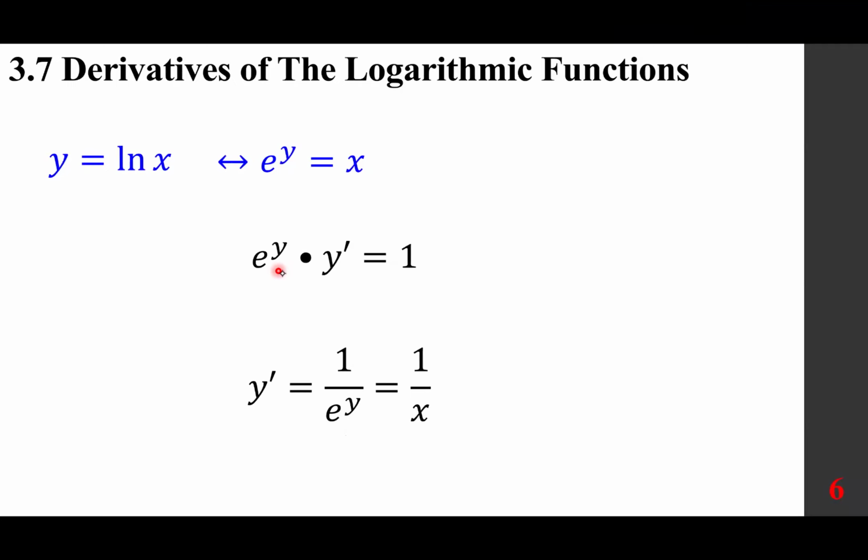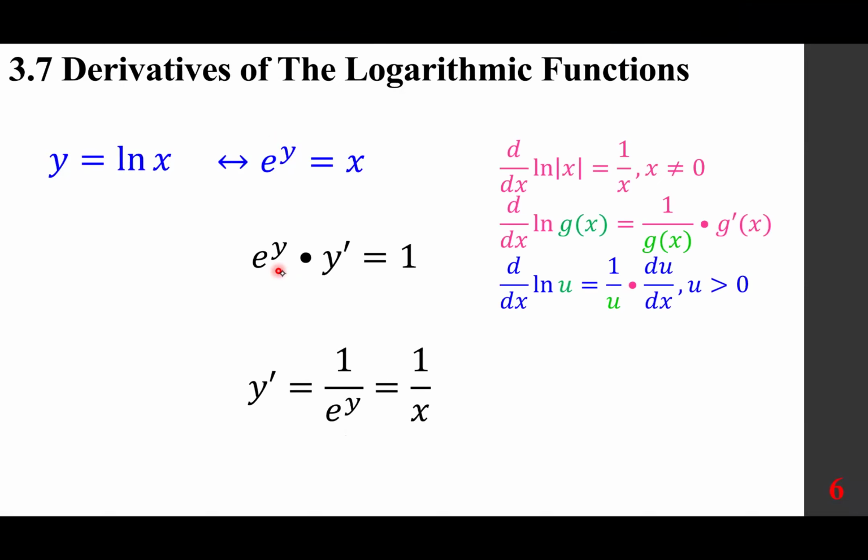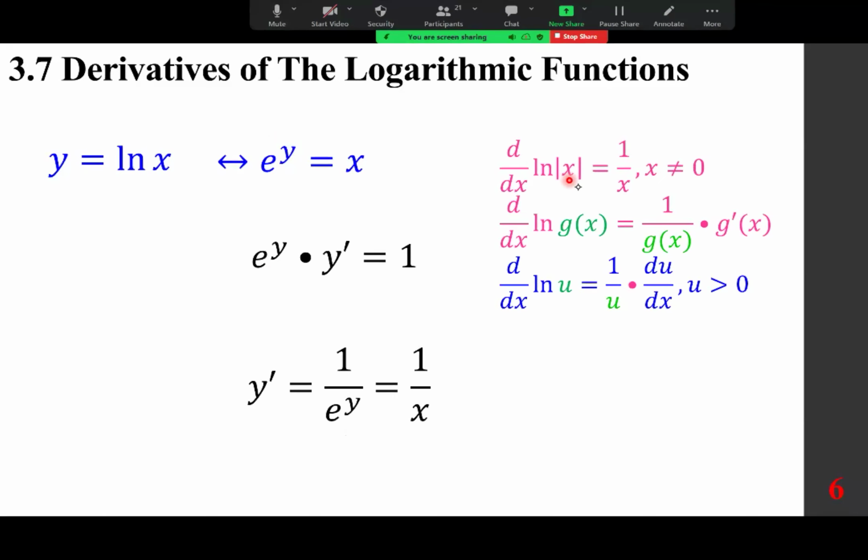Now, by extension, first of all, the reason we use absolute value of x is because of the domain of logs. For example, natural log's domain is from 0 to infinity. So we use the absolute value. Of course, the denominator can't be 0. By extension, when we look at the general case, the derivative of ln of g of x, we go with the reciprocal, and then the chain rule applies, g prime of x. Now, we simply put u instead of g of x, so 1 over u du dx.